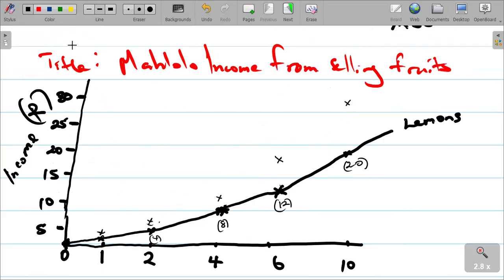So I'm also going to join my points from 0, like that.